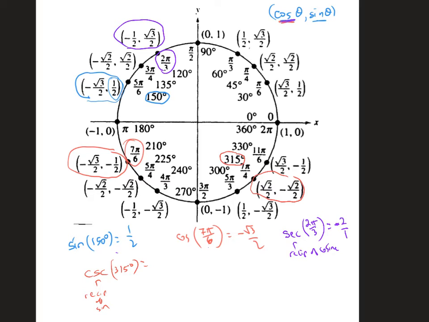So the sine is the y value, negative root 2 over 2. But cosecant's the reciprocal of that, so it's 2 over negative root 2. And you never want to leave a square root in the bottom. And so that would be the cosecant of 315.